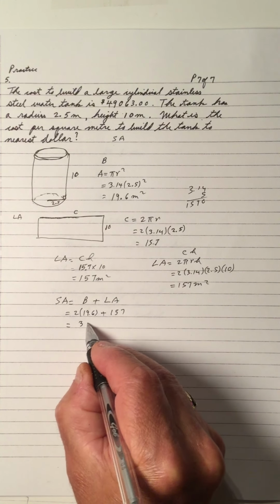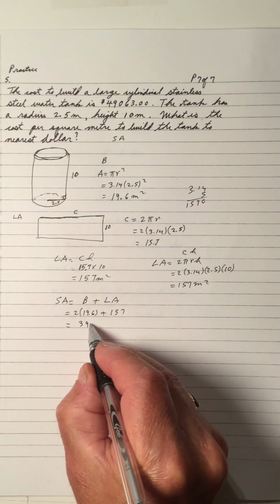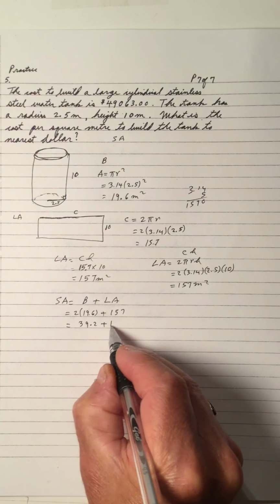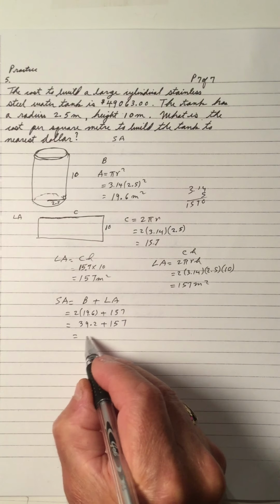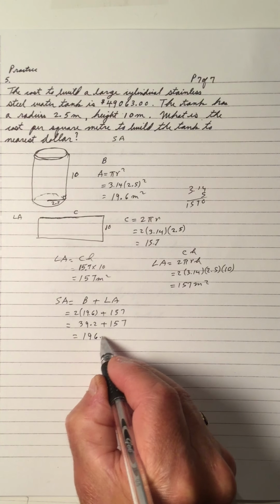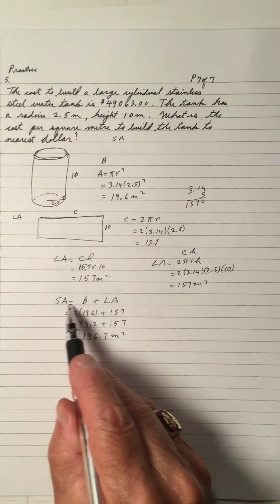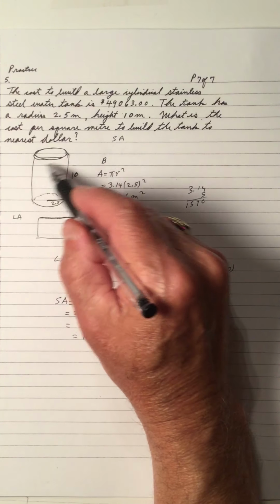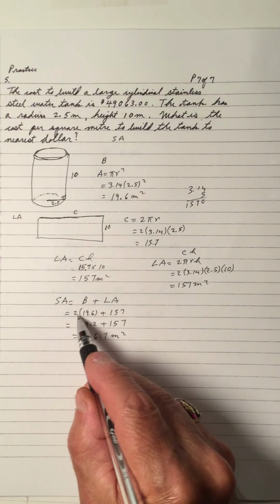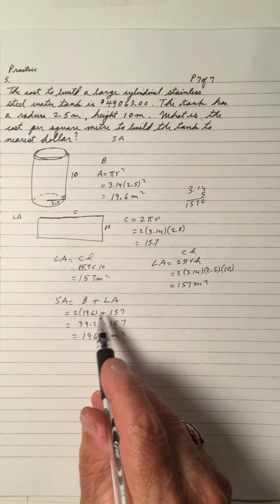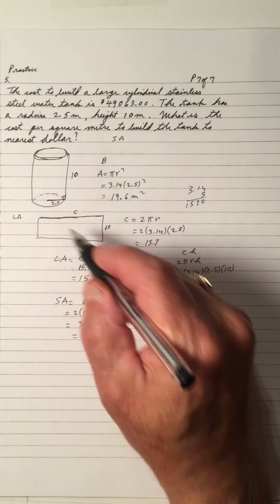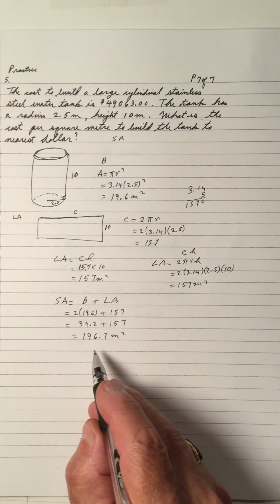So that gives us 2 times 19.6, which is 39.2, plus 157. So that's 196.2, and it's square meters. Notice I have 2, the bottom and the top, so I've multiplied one of the circles by 2, and then I added on the side, the lateral area.